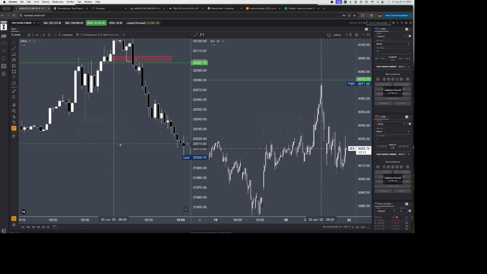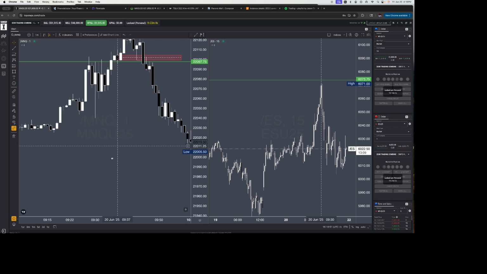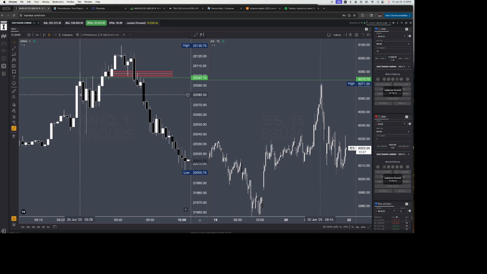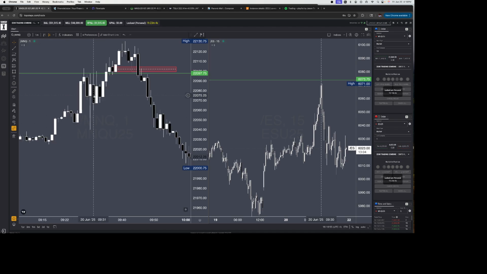Now, a lot of times what ends up happening is you'll see something like this where we pumped all night off some kind of news. The 9:30 candle comes out. You'll get a push down. And we have an order block right here. So I'm thinking, okay, I'll get on the order block. I didn't do it today, but a lot of times I do.